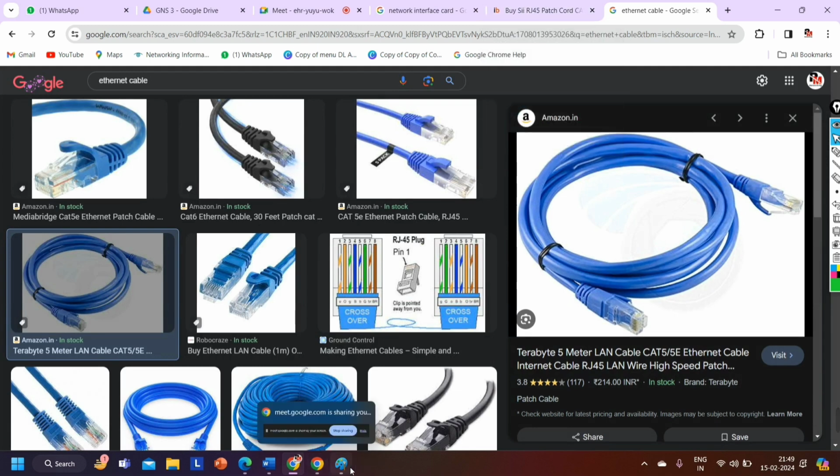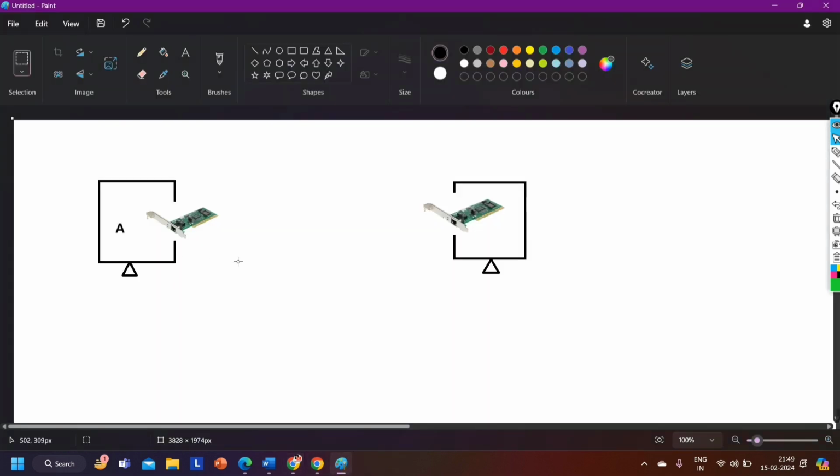So you will insert one end of this cable in computer A, and one end of the cable in computer B, like this. And you will configure the IP address on this NIC port only, right? We never configure an IP address on the computer. We configure the IP address on the NIC port only, right?